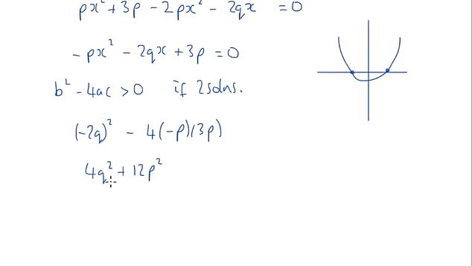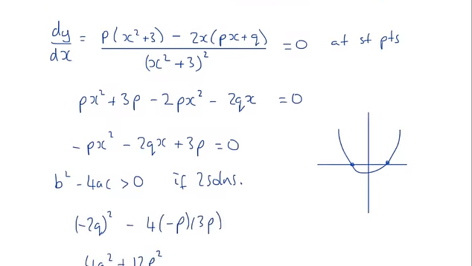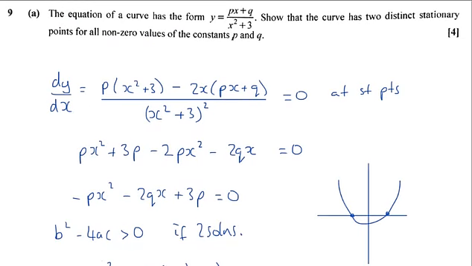Because we're squaring a number here and we're adding on the square of another number, this will always be positive, because at the beginning of the question, it said that p and q were not 0.